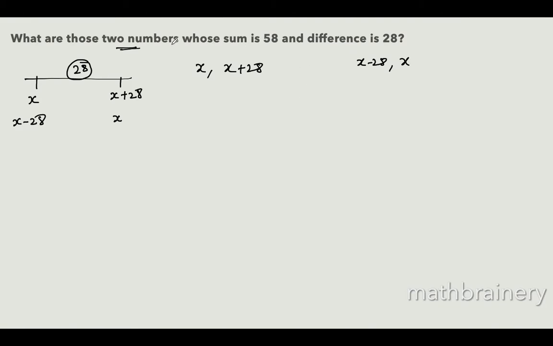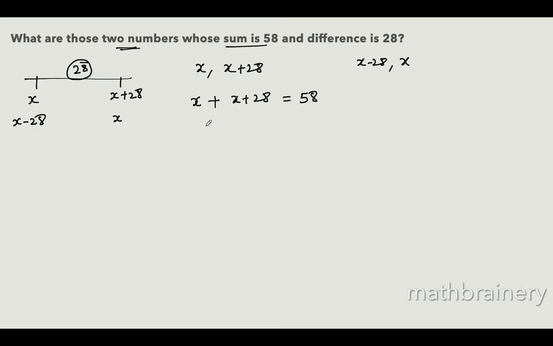Let's consider this first case where I choose the two numbers as x and x plus 28. What is also given to us in the question is that the sum is 58. So if I add these two, that is I take x and x plus 28, when I add these two, the result must be 58.